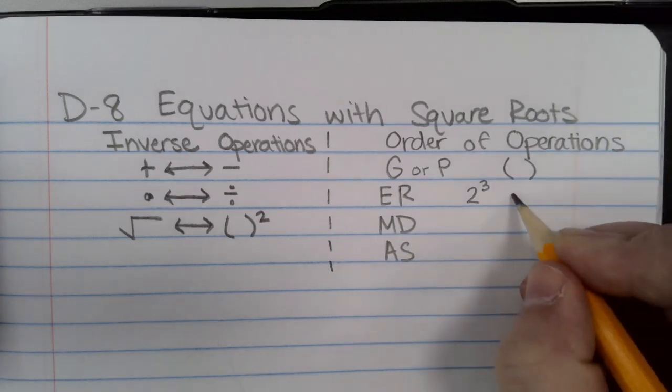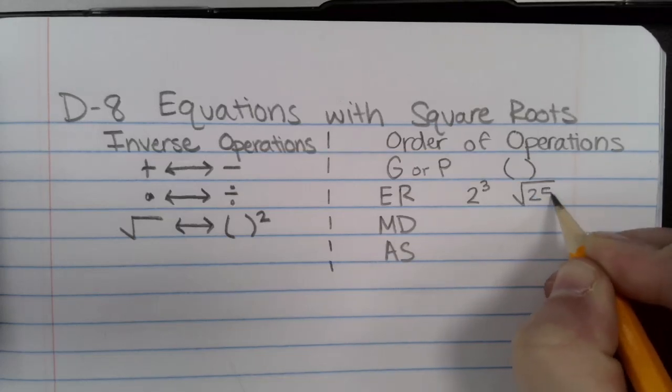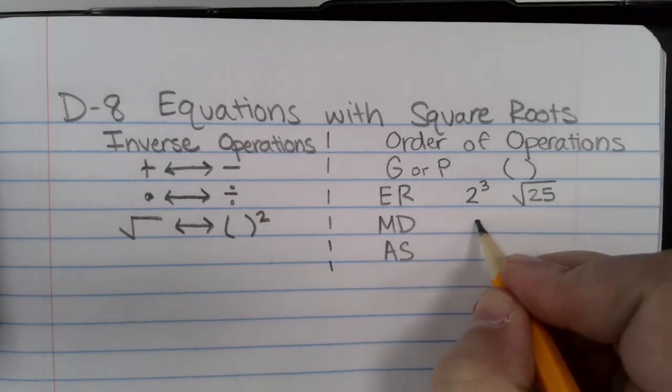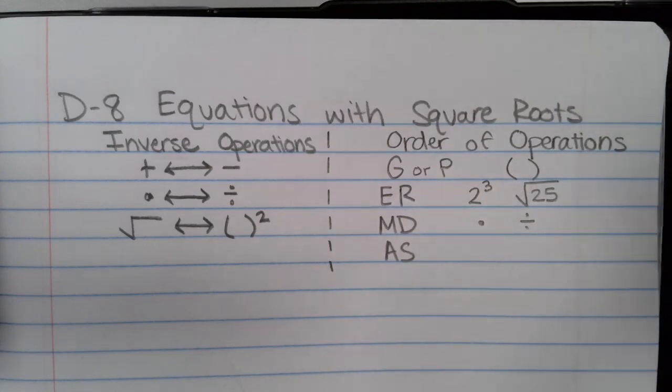So what could we take a square root of? 25, sure. All right, and then we have adding, I'm sorry, we don't have adding. We have MD. What does MD stand for? Multiplication and division. And we have AS, adding and subtracting.